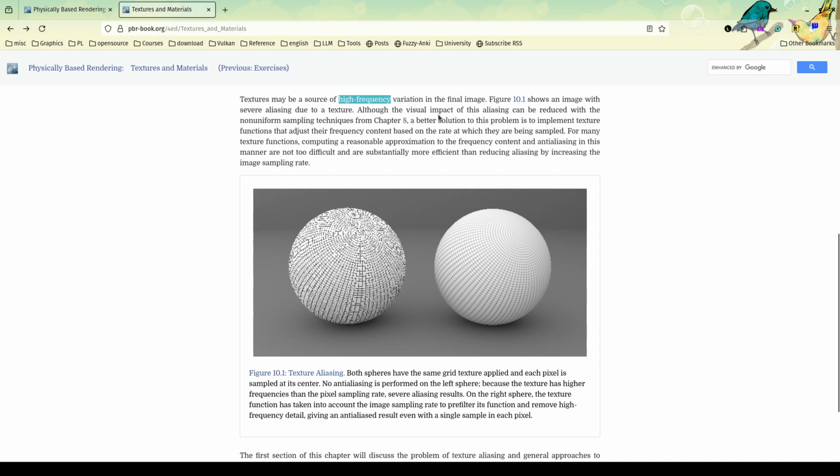Although the visual impact of this aliasing can be reduced with the non-uniform sampling techniques from chapter 8, a better solution to this problem is to implement texture functions that adjust their frequency content based on the rate at which they are being sampled.